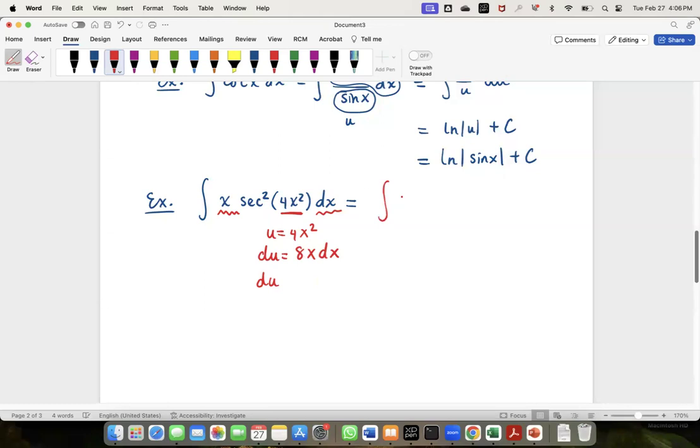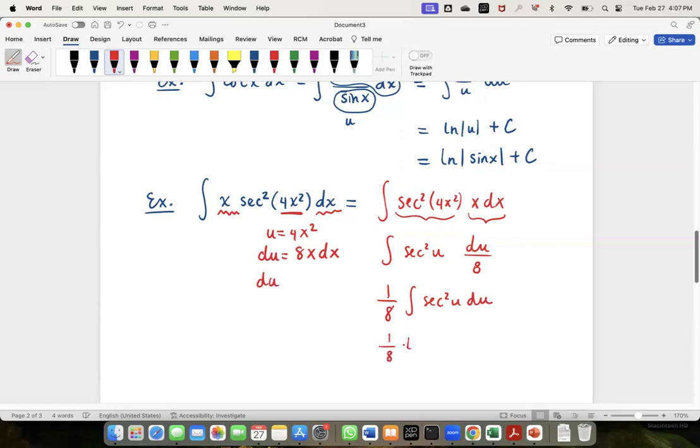If you write secant squared 4x squared, then I have x times dx. This portion becomes secant squared of u, whereas this portion becomes du over 8. As you see, I can pull out 1 over 8, and then I have secant squared of u du. But I know this antiderivative. This is tangent u. So it's going to be 1 over 8 tangent u plus c.